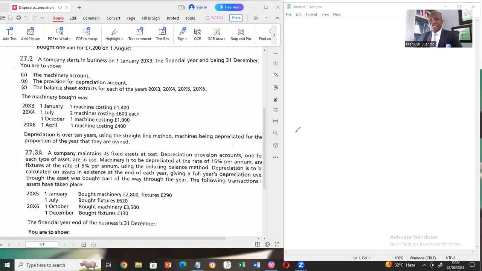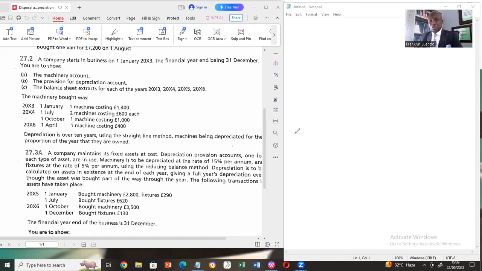Now, you need to understand that depreciation is calculated at the end of each year, and it will depend on the policy which the entity has adopted.